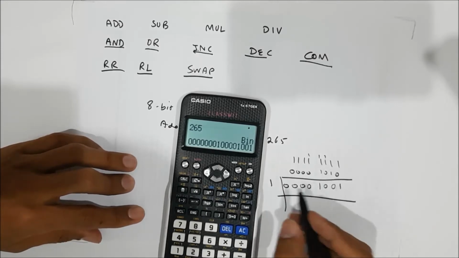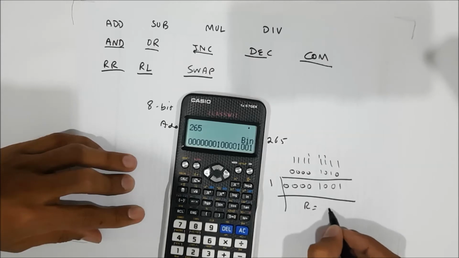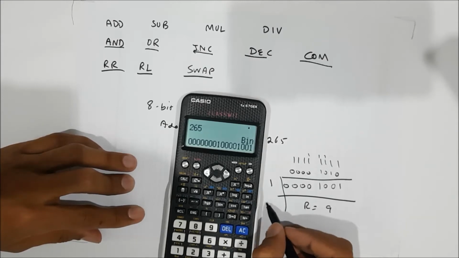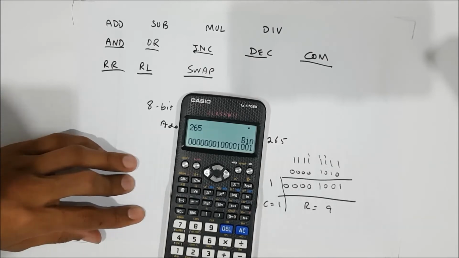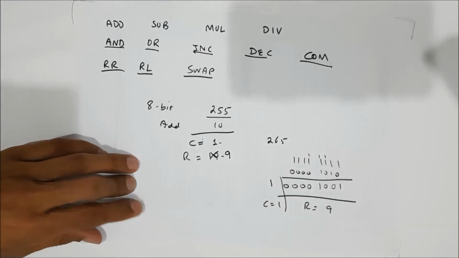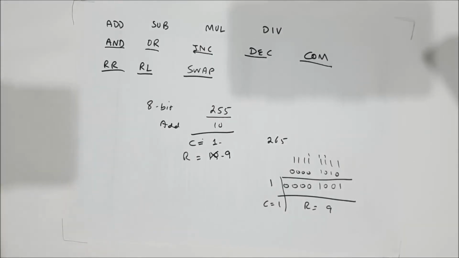So your register will be equal to 9 and your carry will be equal to 1. This means that your result could not be contained within a single register and your result size exceeded the size of your operands. The same can be the case with multiplication.